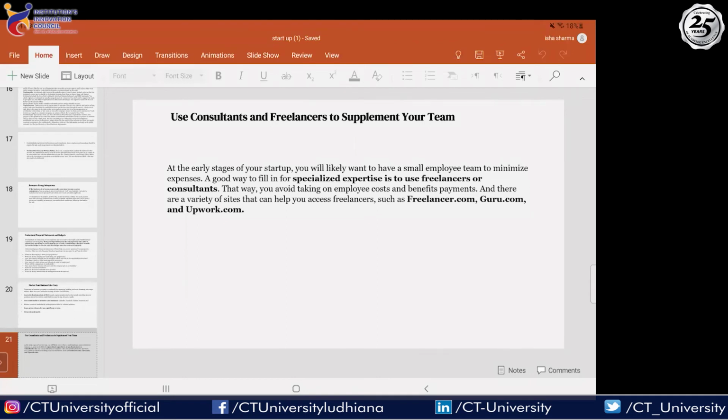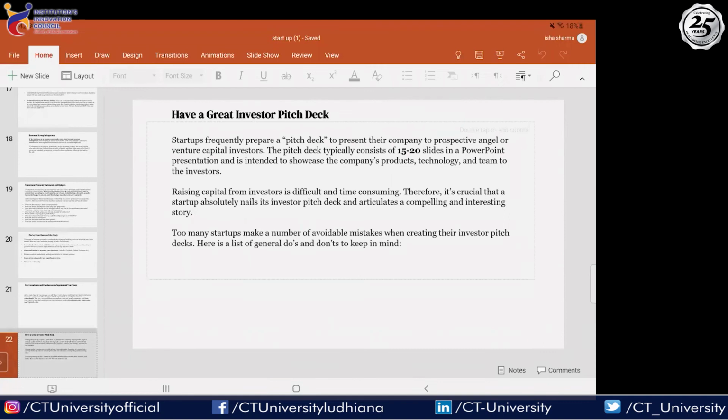So you can always approach them for certain projects or certain activities where a lot of freelancers are available, like freelancing.com, Upwork. Upwork is pretty good for freelancers. So if you want to take advice, you can go there.